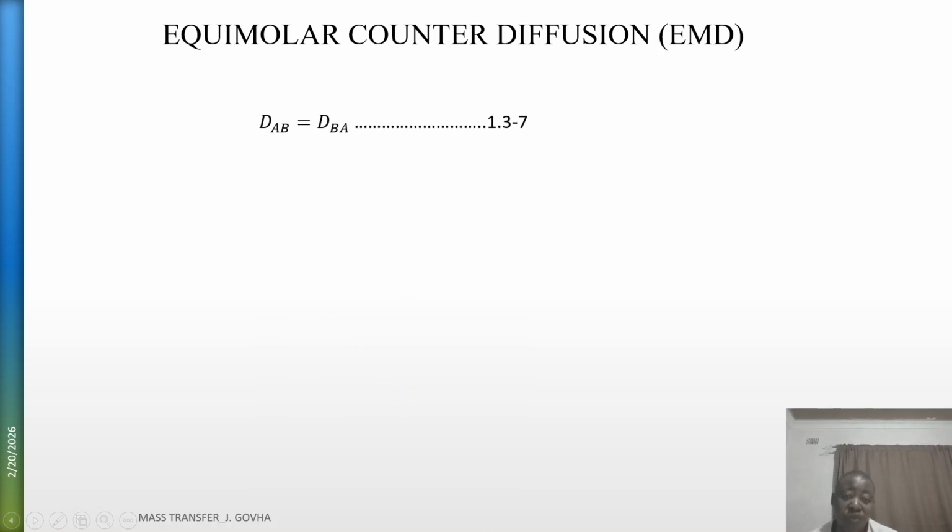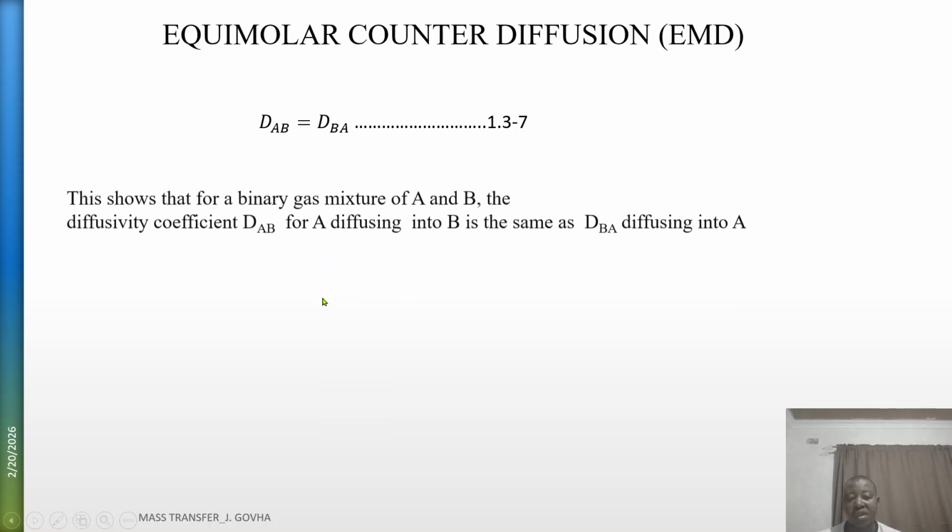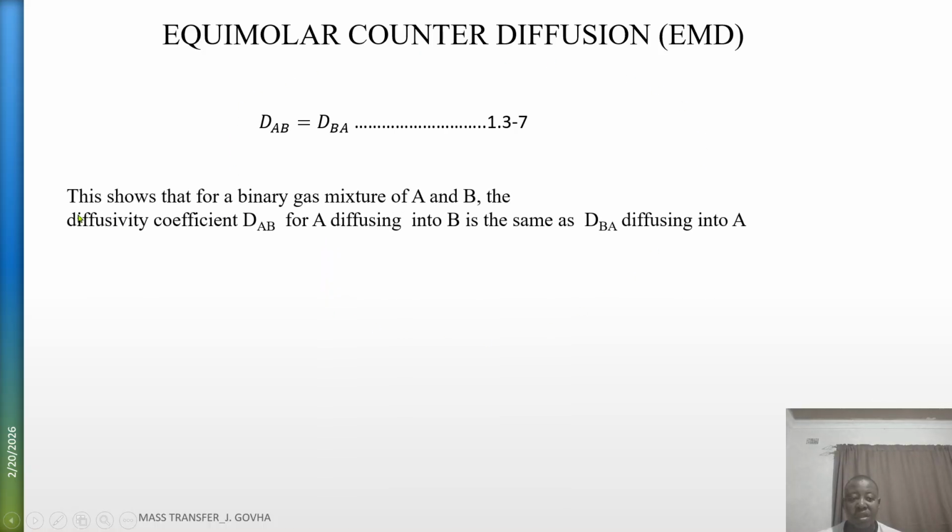Then we are left with DAB equals DBA. This shows that for a binary gas mixture of A and B, the diffusivity coefficient DAB for A diffusing into B is the same as DBA for B diffusing into A.